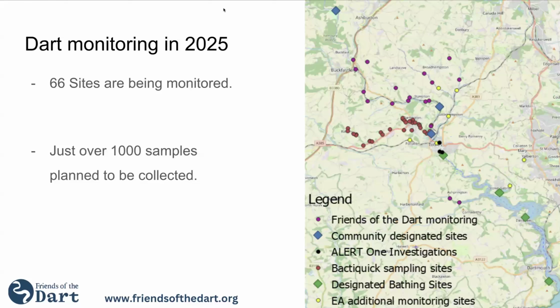Yeah, but it's sort of a follow-up question. Related to heavy rainfall or South West Water opening outlets when they shouldn't, have you got any information from the testing that you've done on the time delay between, say, a heavy rainfall and when the bacteria goes up at various different sites? Is that possible to get from the data you've acquired so far? I think we could definitely get an indication of it.